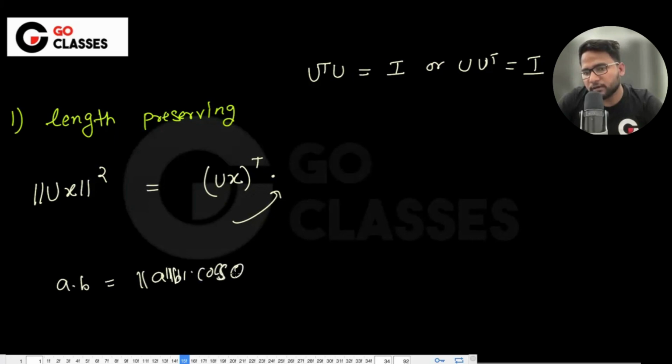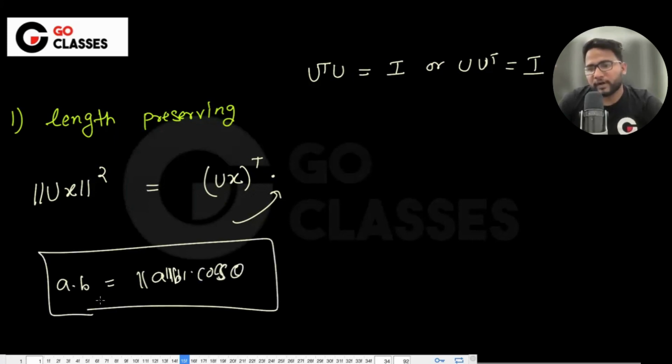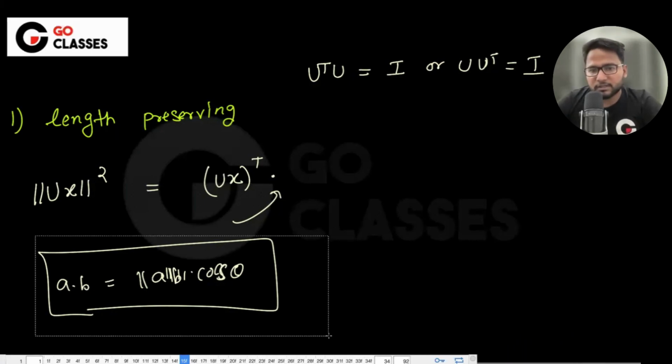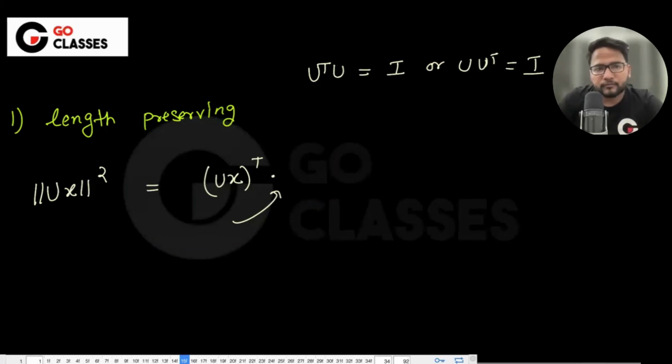Do you know this formula? Dot product between two vectors. We will have one class regarding vectors, orthogonal projection and dot product, but I'm just asking if you know this. Anyway, let's not worry about it. This is a dot product, which is (ux) transpose into ux, right?